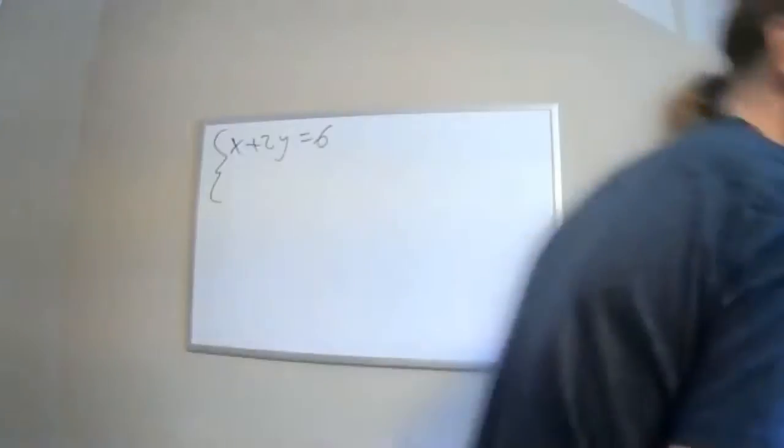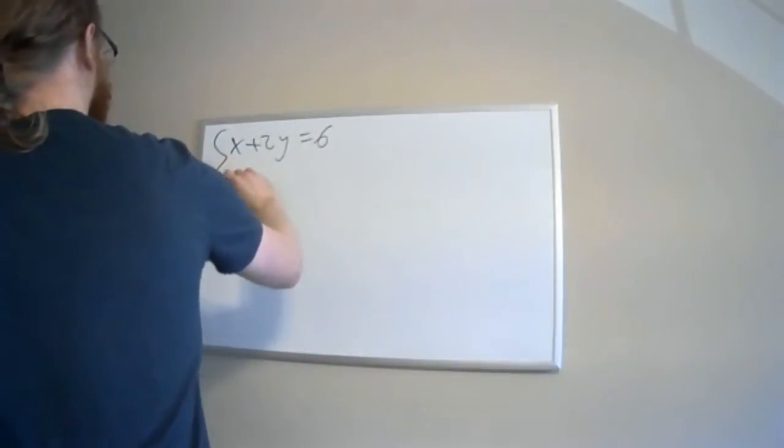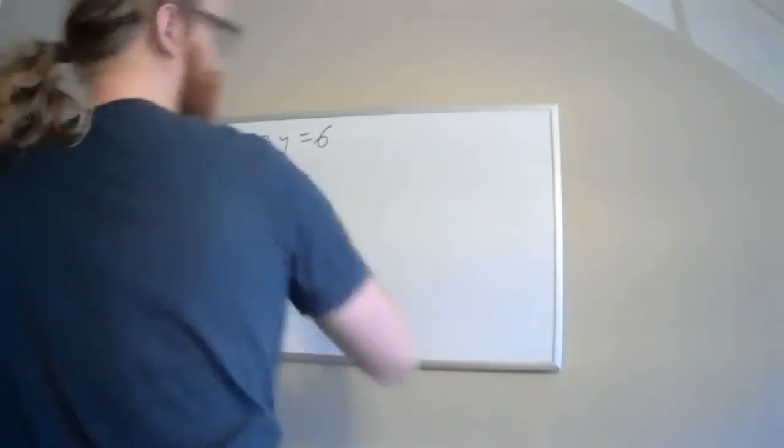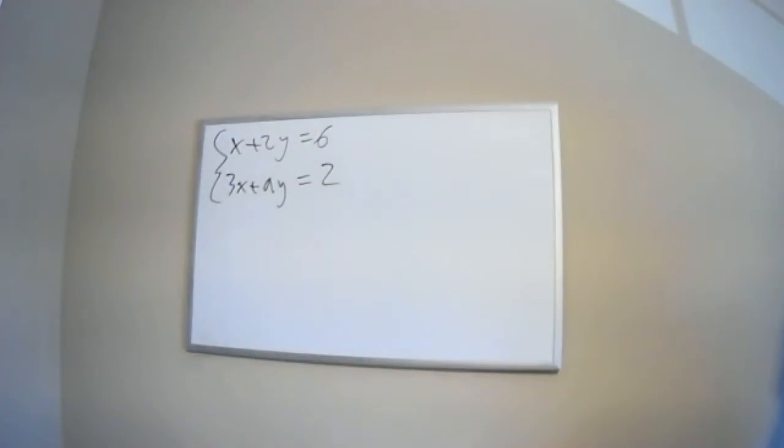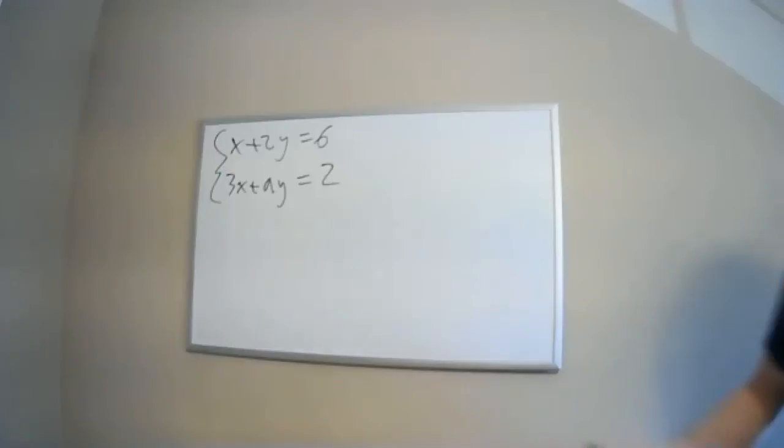And then the other equation is negative x plus ay equals 2. So we have this mysterious a in the second equation.